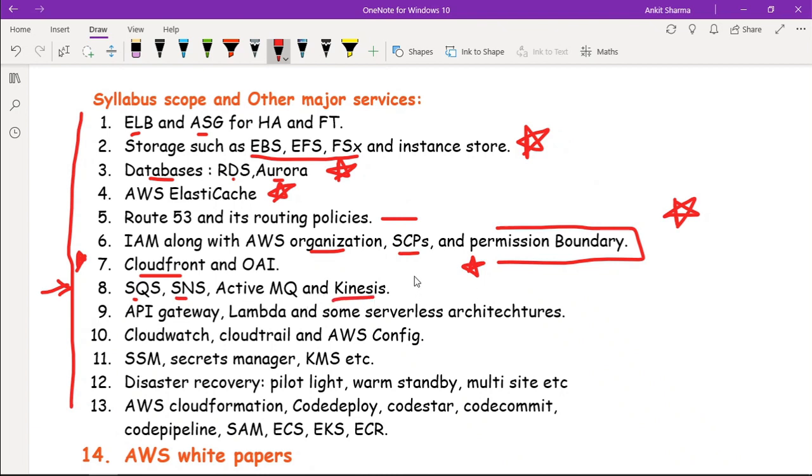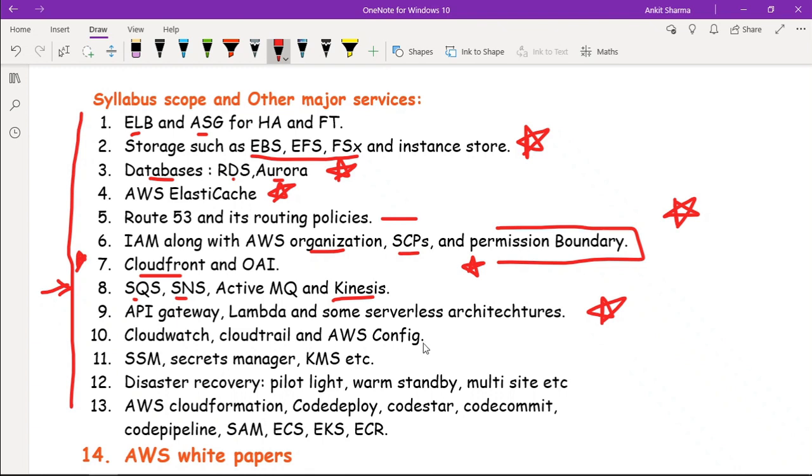So these are all decoupling services which AWS provides, and they are used extensively in serverless architectures or many different applications. The API Gateway and Lambda, they all form the backbone of serverless architecture. Please, you have to go on every level and understand it.